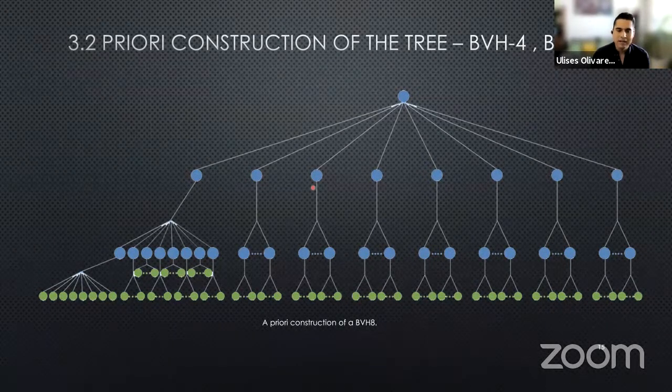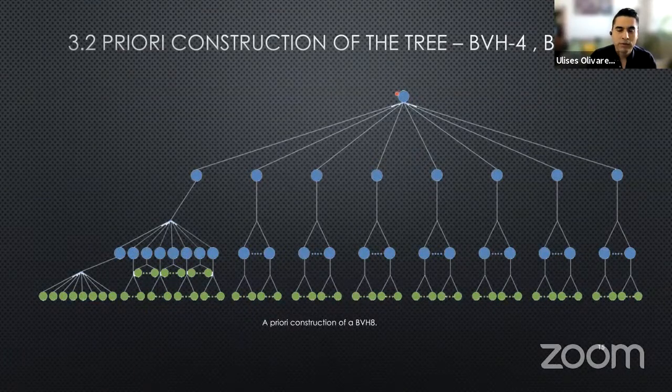But one of the most interesting parts here is that once we define this a priori construction, we're going to define how many primitives each node will contain. If we have that, we're going to guarantee that we build a complete tree. A complete tree means that all the levels are complete, with the possible exception of the last level, in which we can have some incomplete nodes.